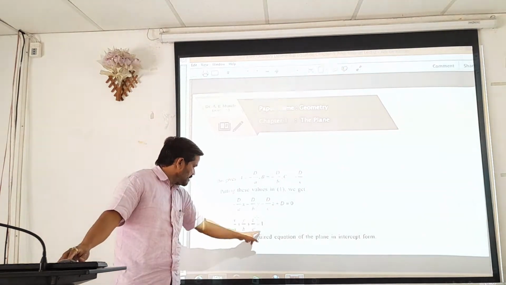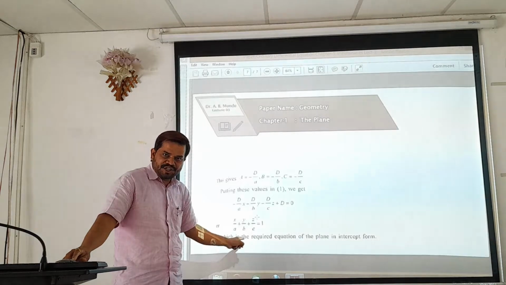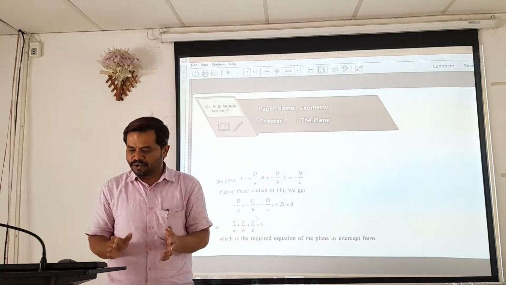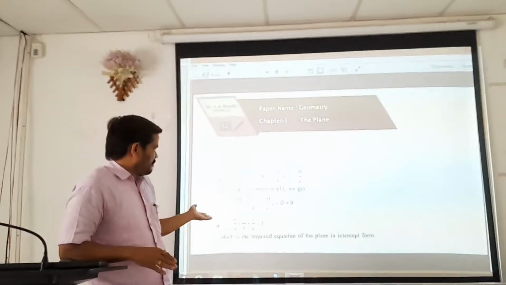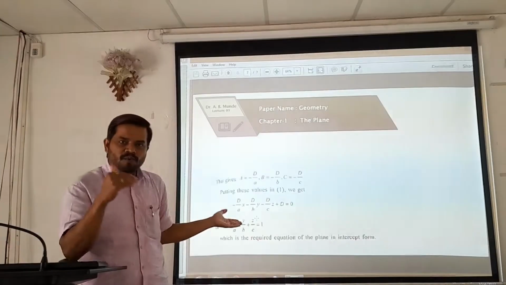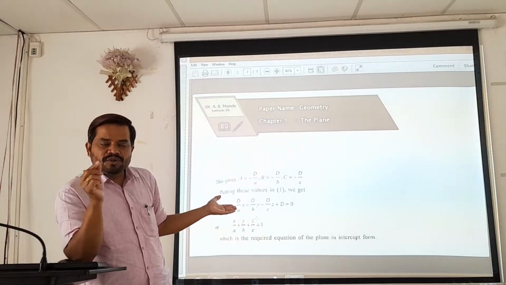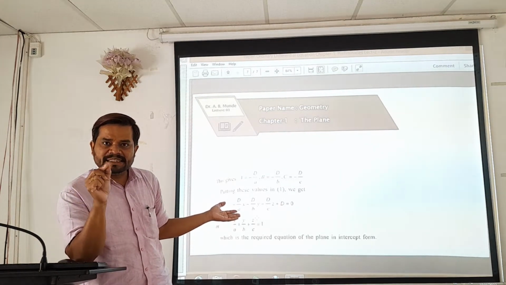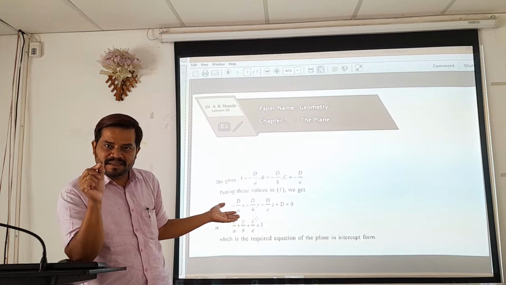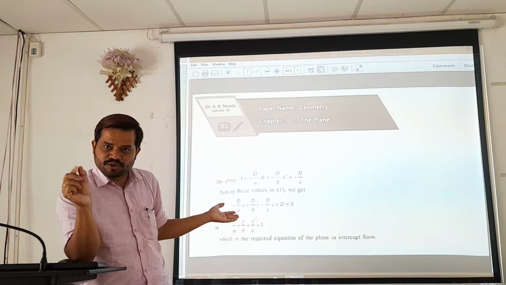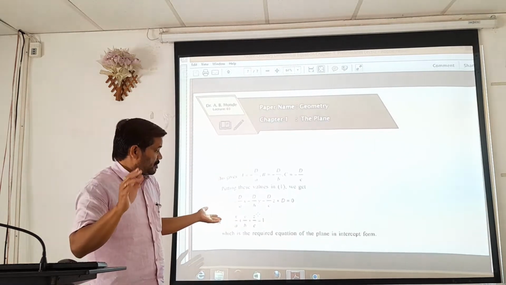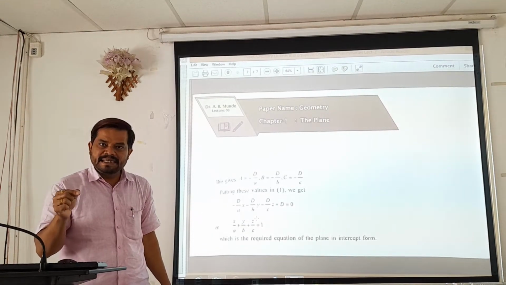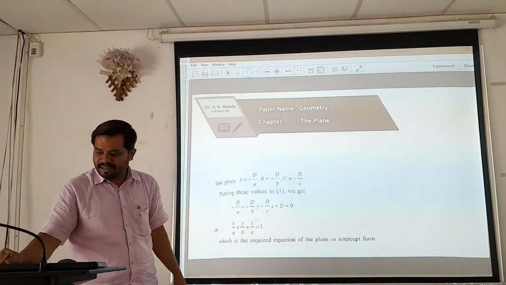So this is the required equation of a plane in intercept form. Do you understand how we show the intercept form of the equation of a plane Ax plus By plus Cz plus D is equal to 0? So this is the intercept form, x by a plus y by b plus z by c is equal to 1.